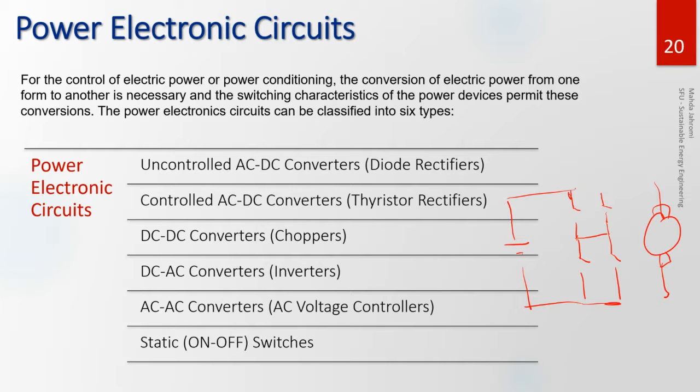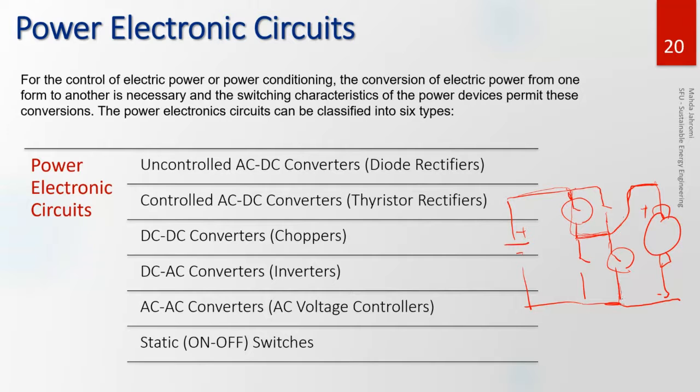So these will be, yeah, here. So for example, if I close this switch and this switch, I get positive here and then negative here.